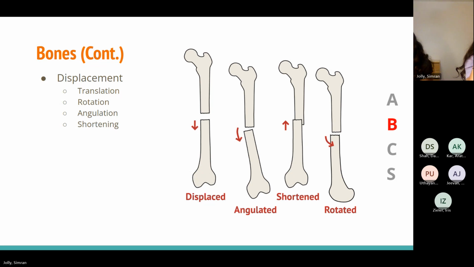An important thing with displacement is that we always speak about the distal fragment in relation to the proximal fragment. So for example, in a humerus fracture, if there is displacement, you would say that it's either medially or laterally displaced, and we're looking at this part of the bone rather than this part, and that's where we're commenting on.